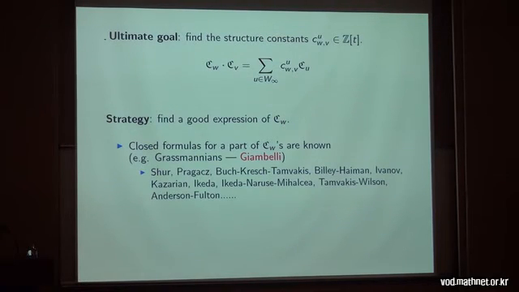Right. So the ultimate goal is we want to find the structure constants with respect to those double Schubert polynomials indexed by Weyl group elements. Okay. And I'm also taking this limit of the Weyl group, right?